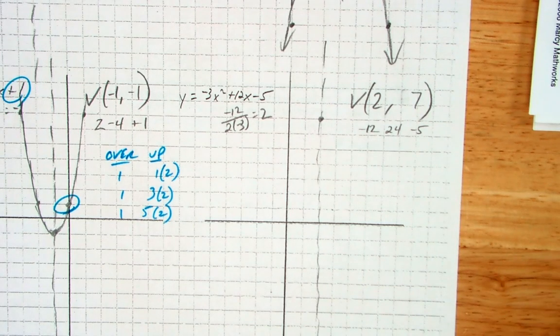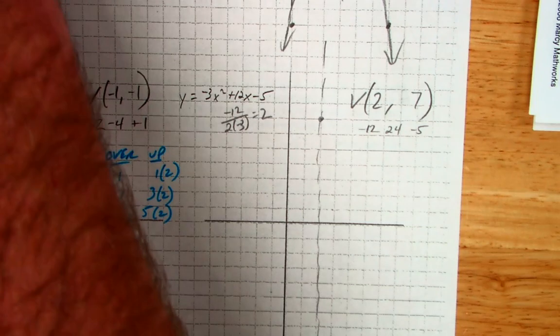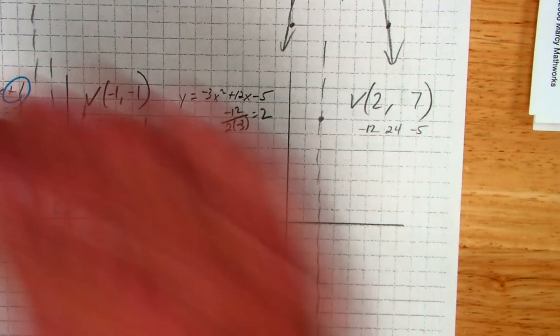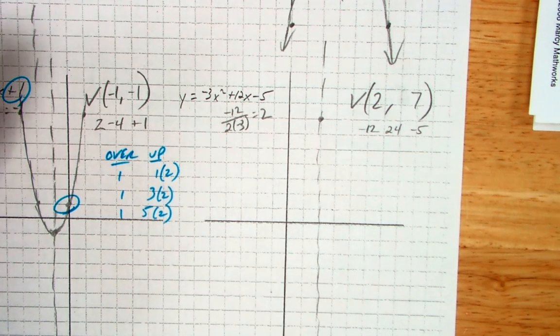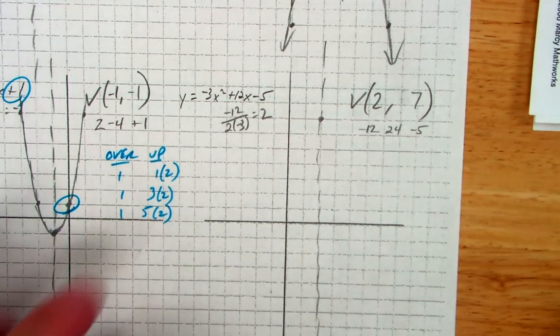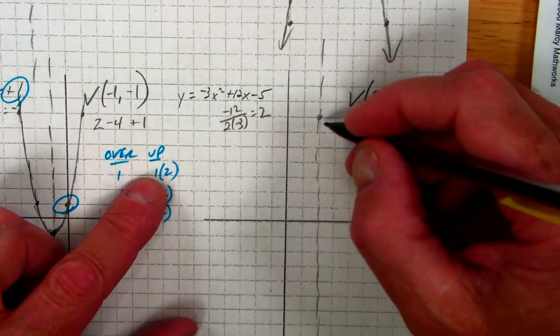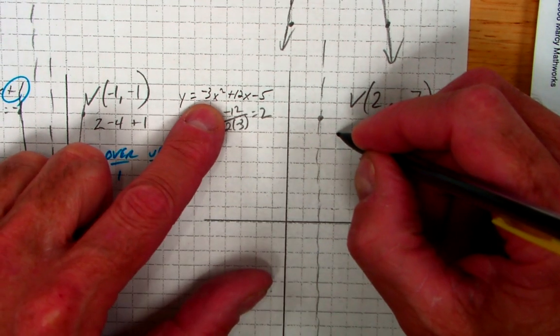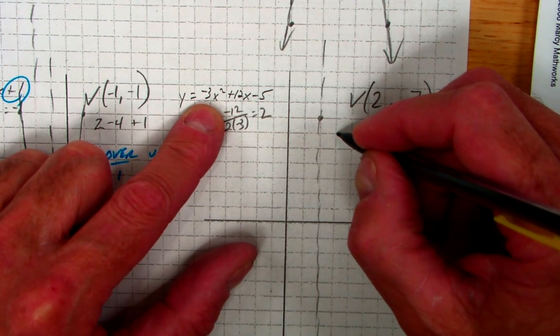Okay. What did I do? Weird. Okay. So this one going to open up or down? Down. I usually go over 1, down 1. What am I going to do here? Down 3, because it's 3 times as much.